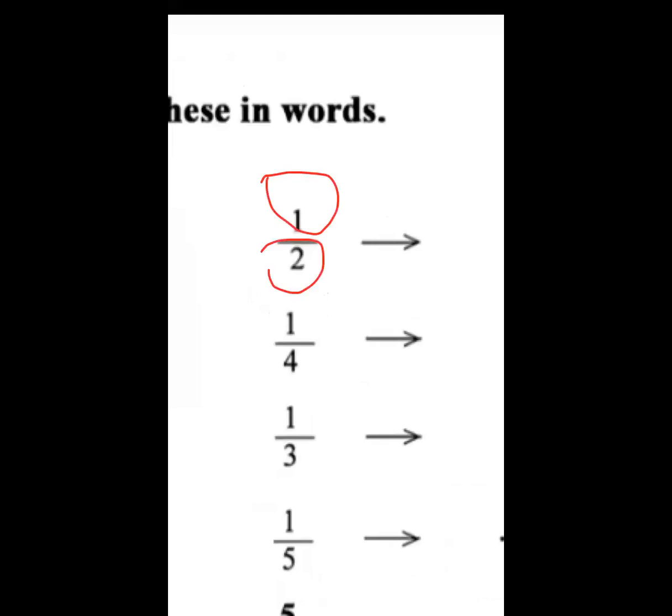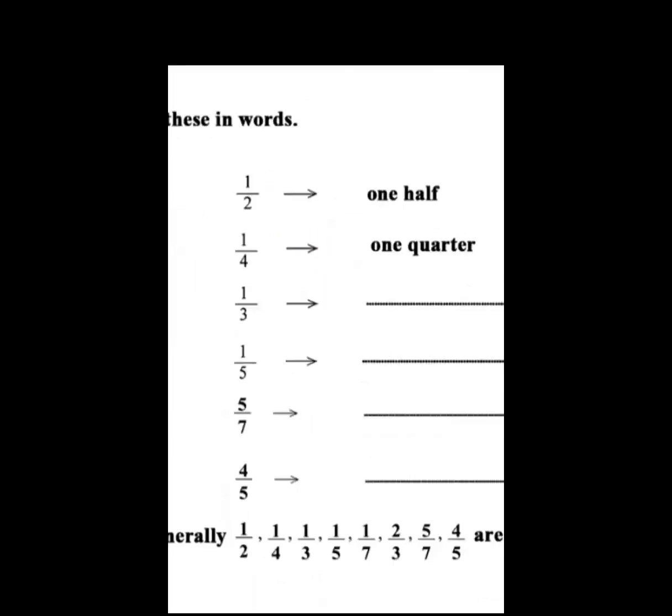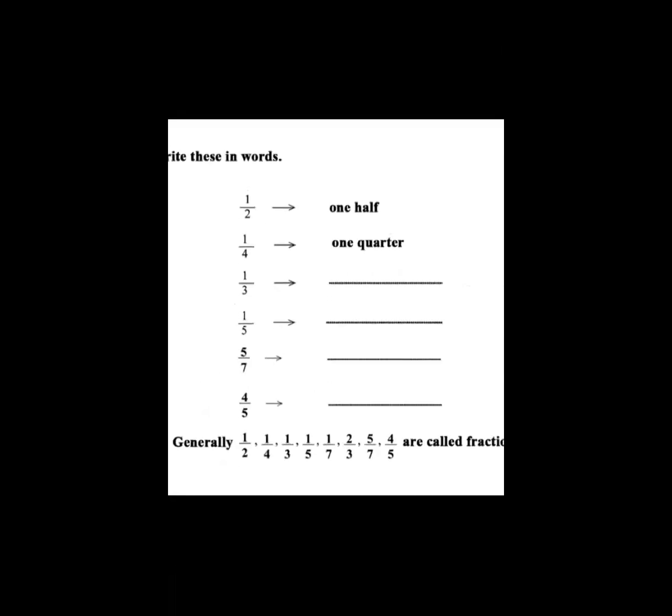When the upper part is 1, you normally write the fraction like this. 1 over 2 means we can say half. This is half, which you already know.